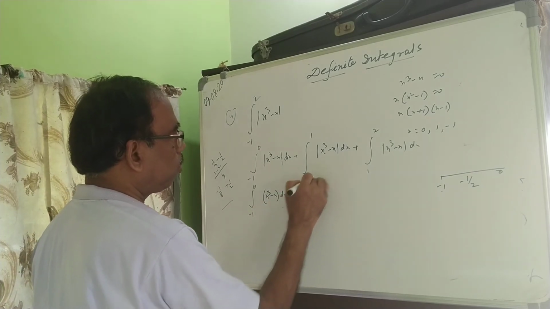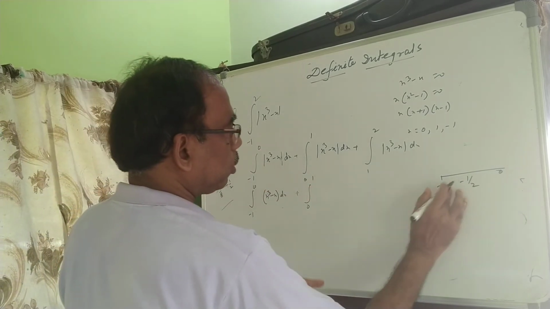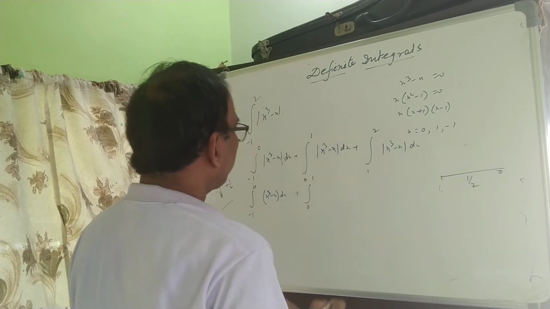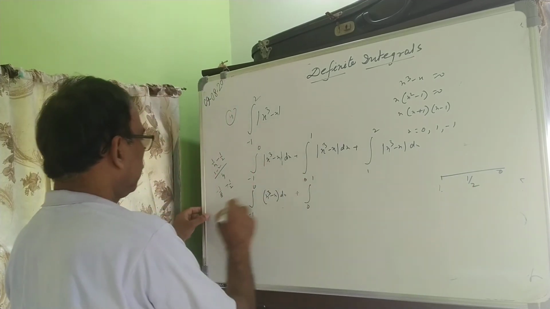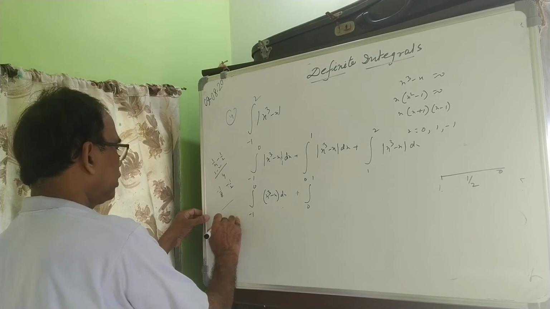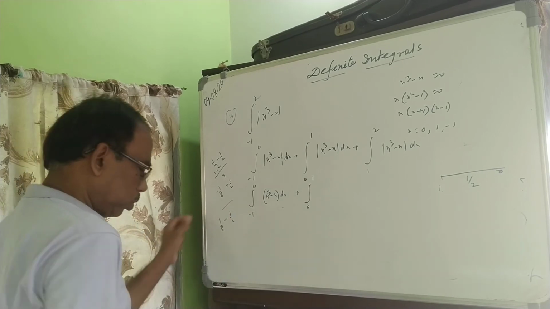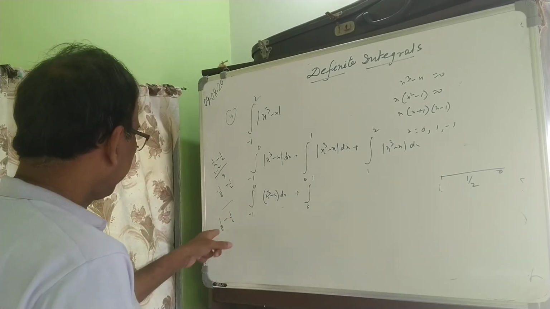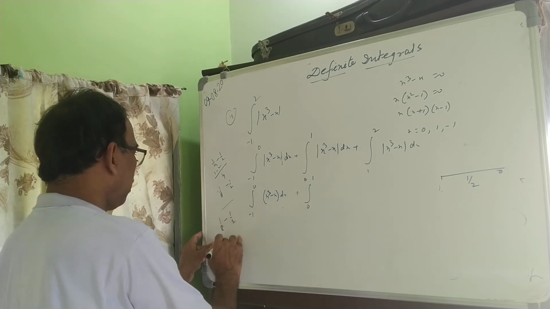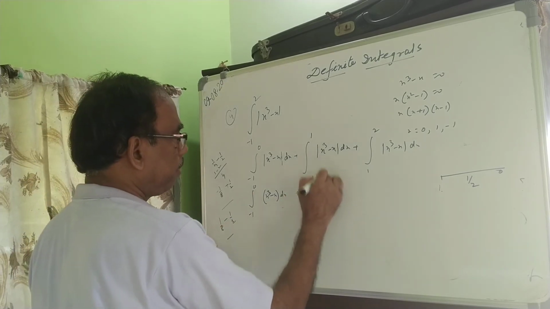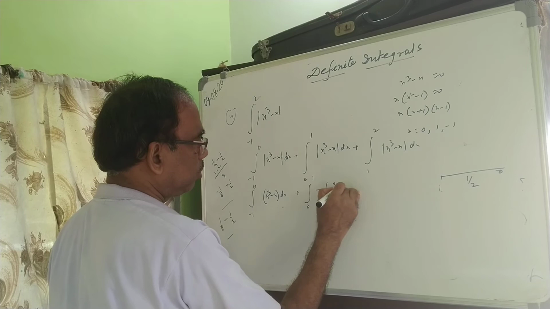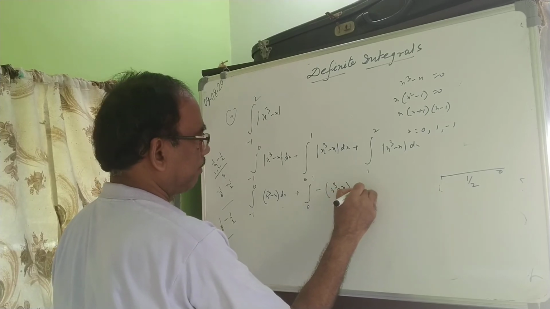Plus 0 to 1. The x value is between 0 and 1, suppose positive half. So 1 by 8 minus half is negative. If you remove the modulus, this will be minus x cube minus x.